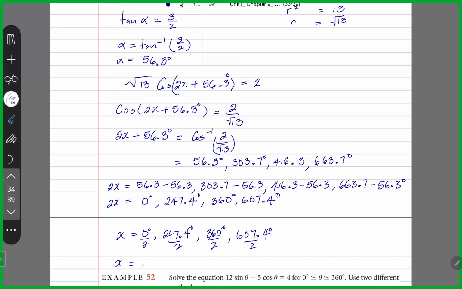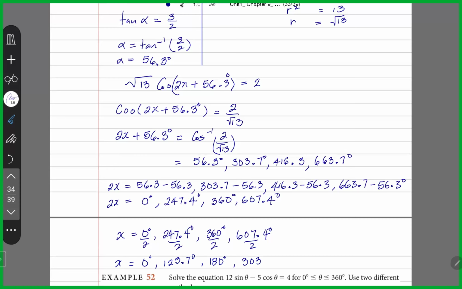So x is equal to 0 degrees, 247.4 divided by 2, that's 123.7 degrees, this is 180, and now 607.4 divided by 2, and this is 303.7 degrees.